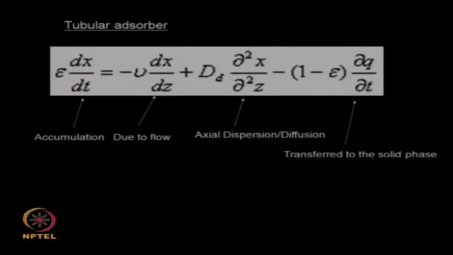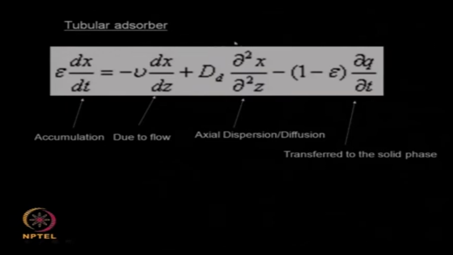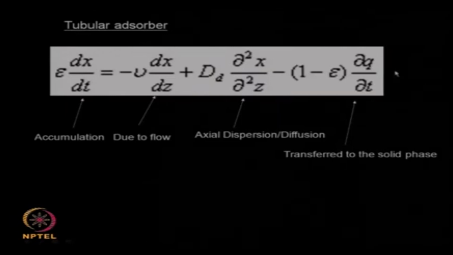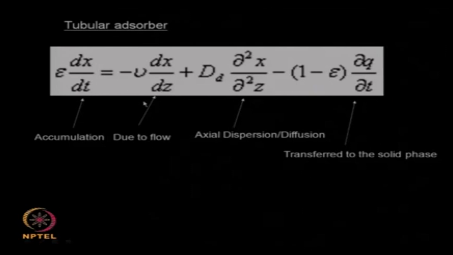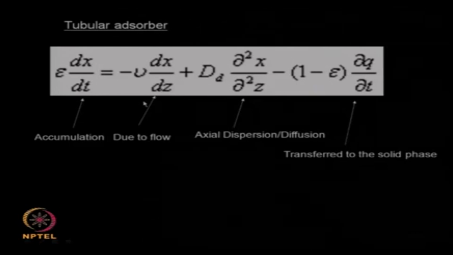So, having said that, let us again go back to the same equation which describes the adsorption process in a tubular adsorber. dx by dt, as I talked about in the stirred tank adsorber, is the accumulation term. dx by dz comes because of the flow, because there is a flow of solution through the tube.